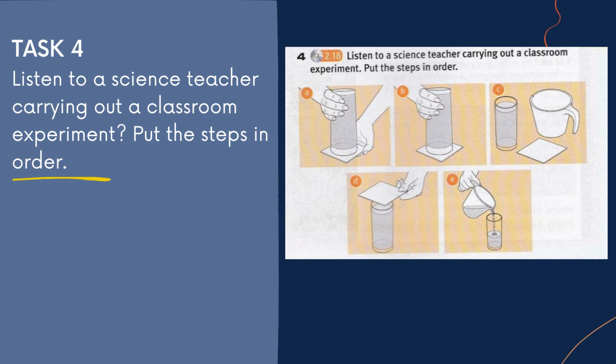Unit 5, Vocabulary and Listening. A Classroom Experiment. Exercise 4. If you turn a glass of water upside down, what happens? It goes all over the floor. That's right. Thank you, Simon. And why does it go all over the floor?